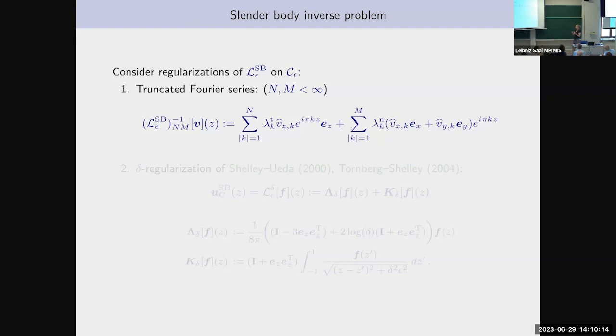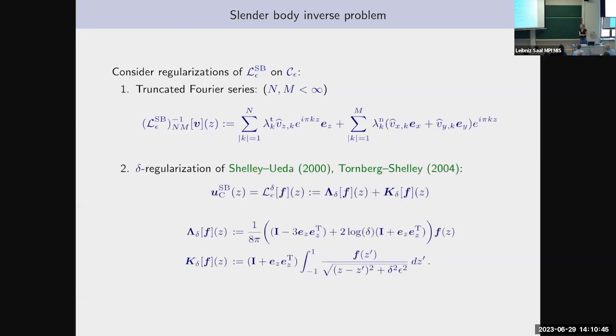We can just take the slender body operator and cut off at some finite wave number. This is something we can only really explicitly do for this model geometry, but what this regularization does is mimic the effect of numerical discretization, right? So you just ignore wave numbers beyond some fine enough discretization, all right? Okay, so that's one regularization we can consider.